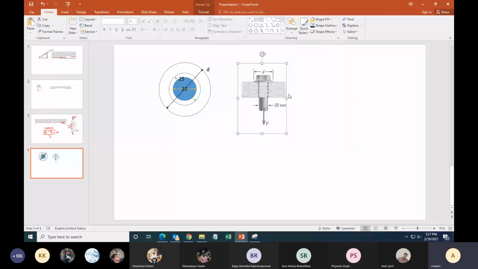As long as it is below 25, the annular region between diameter D and diameter 25 is our region of interest for the bearing stress. If you have to calculate the tensile stress in the pin, then the diameter 22 is important.